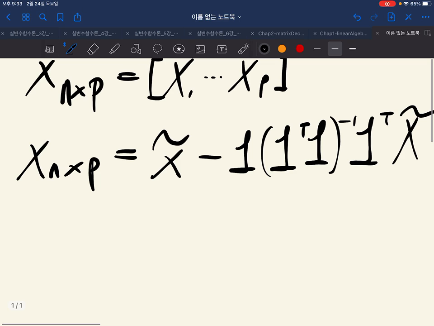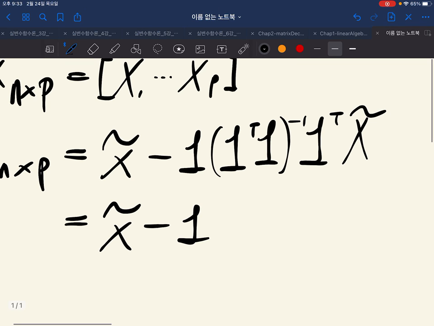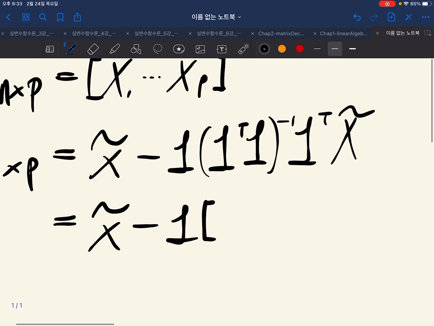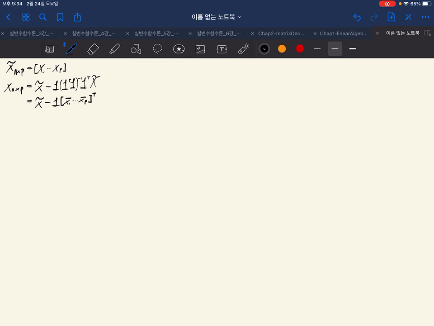So if you see this, you'll see that the second term can be expressed in terms of the outer product. Here 1 refers to a vector of length n, not a scalar. Like this. So I put t here in order to show that it is a row vector. So it is an outer product.